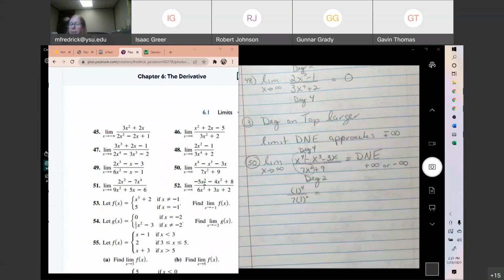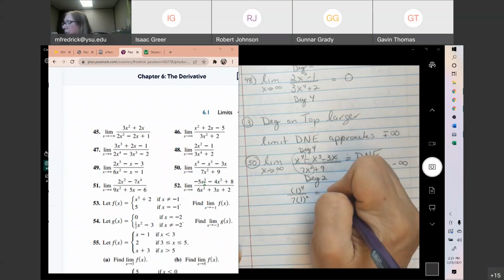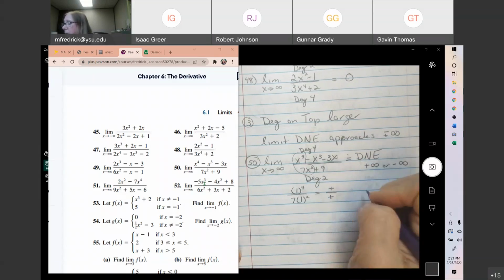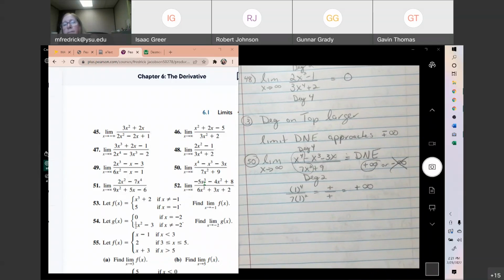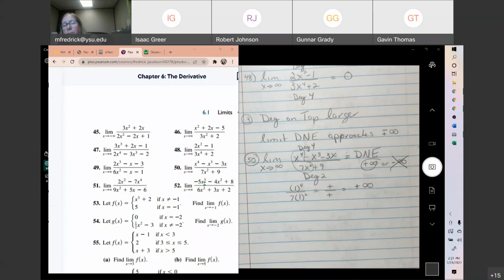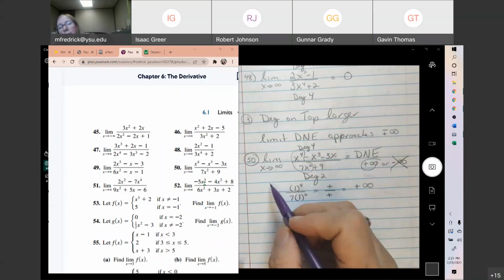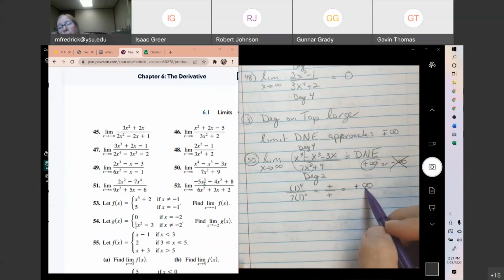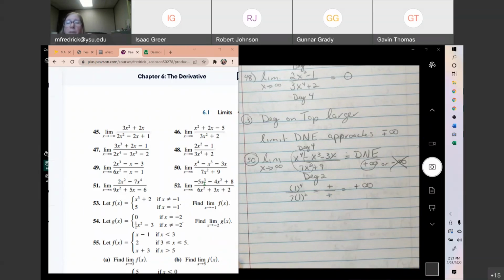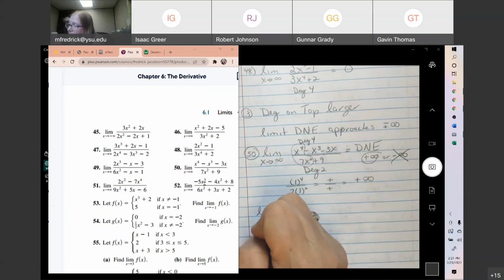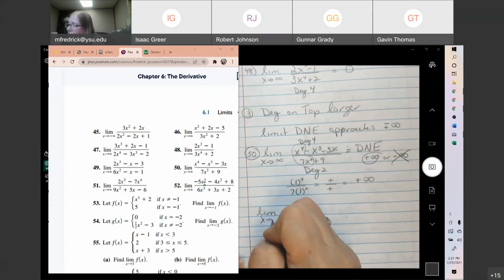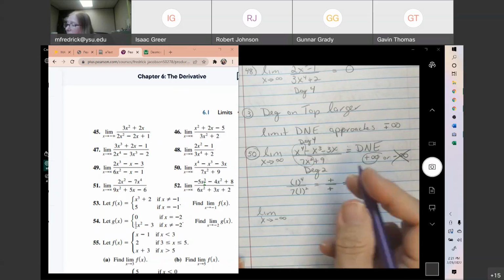And you're not even worried about the answer. You just want to know if it's positive or negative. Well, on top we have a positive. On the bottom is positive. So it is positive infinity. So as x is getting large, so is y. Positively large. If we look at x going to negative infinity, same problem.